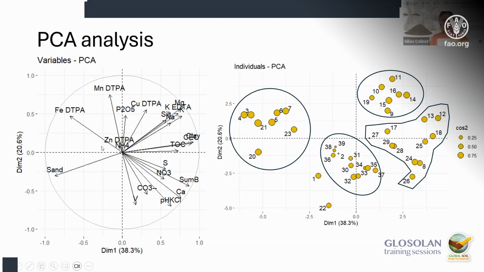For example, in the first direction here, it's here. It is the first new variable that the system has built, and the second one is there.